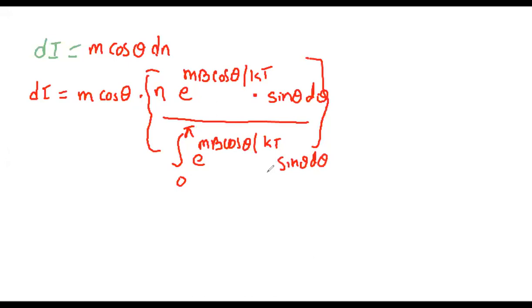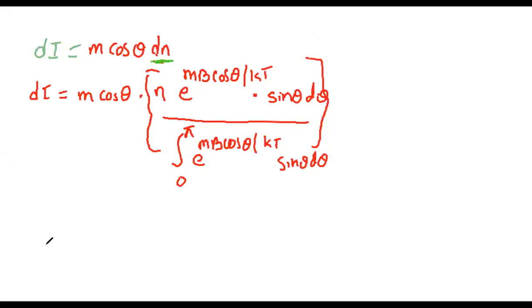Any doubts, please let me know. I just did here m cos theta dn, right? So dn I just substituted here, whatever we got for dn in the previous step.